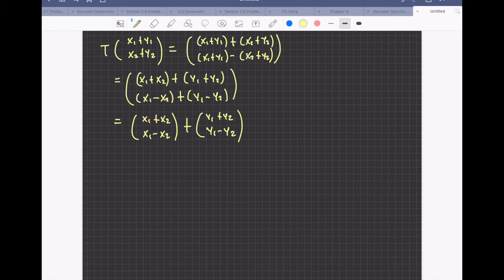But notice, this is only T of (x1, x2) plus T of (y1, y2), or what is the same, this is only T of x plus T of y.